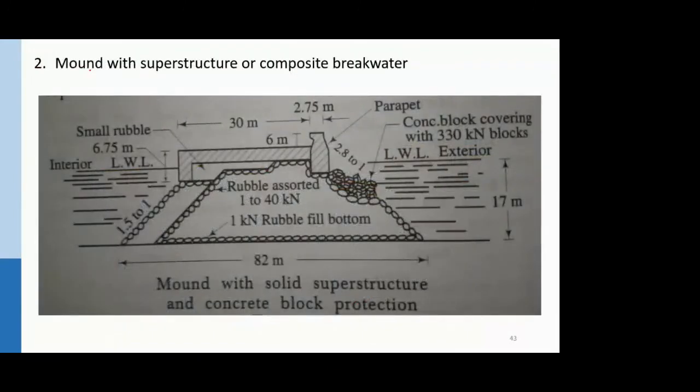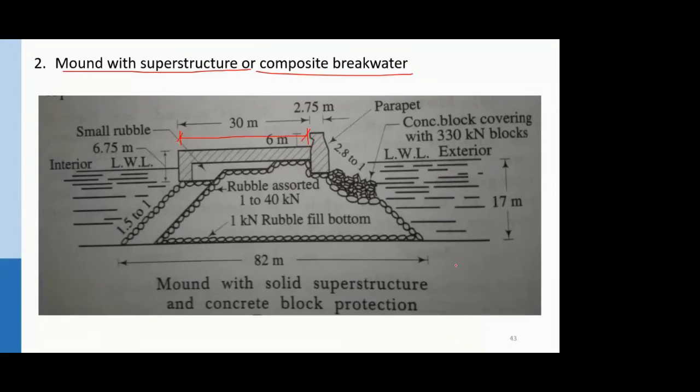The second type that we have is mound with a superstructure, or composite breakwater. Now these composite breakwaters have a dual role. The primary role is, obviously, to break the effect of the waves, and the secondary role is to provide us a platform or a surface over which you can then have some secondary activity.